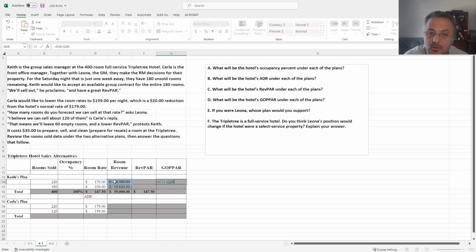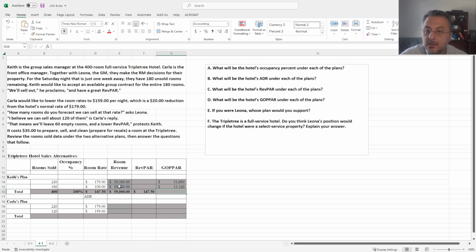And how much is the preparation cost? $35. You see, $31,608. We could have combined, but for the sake of explanation, let's go one by one. Room revenue minus how many rooms? 180 times, once again, 35.